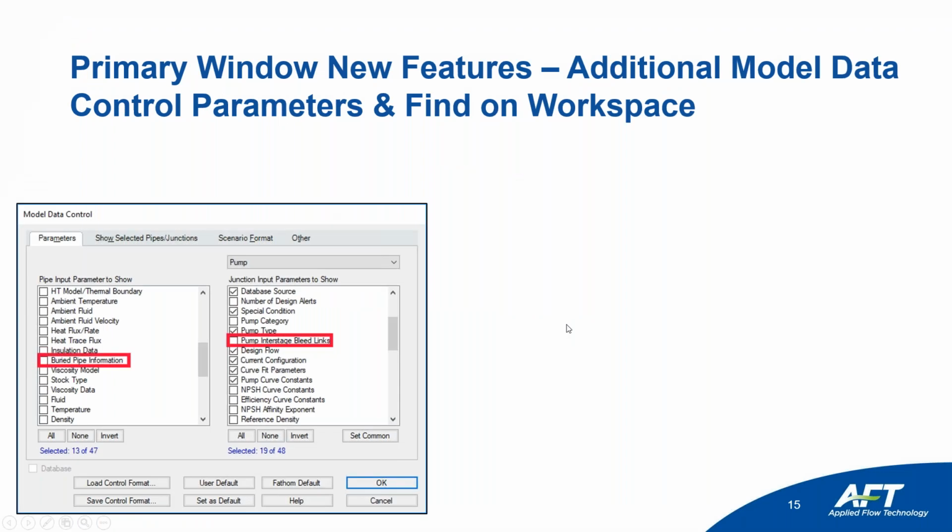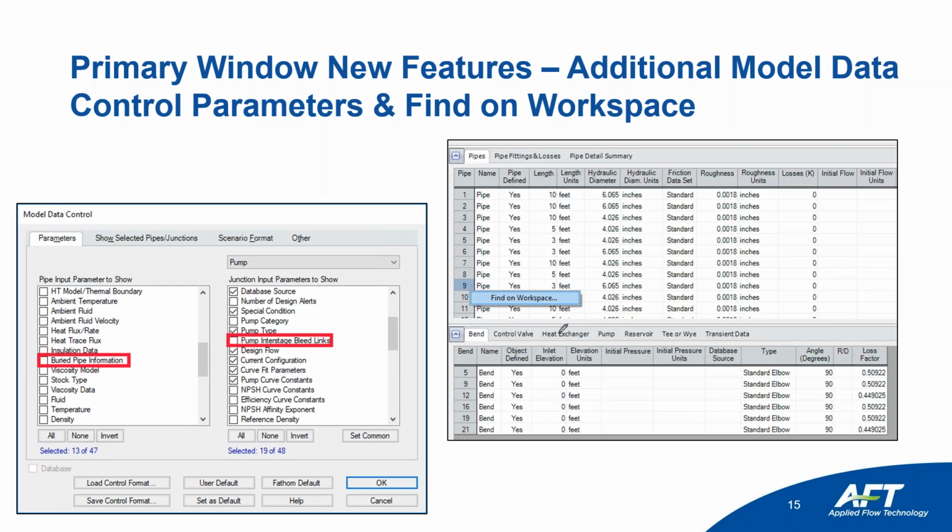All right, a couple other things with model data window. If you go to the model data control, there are some additional input parameters that you can add to your model data. That way you can see a tabular format for all your input information there.